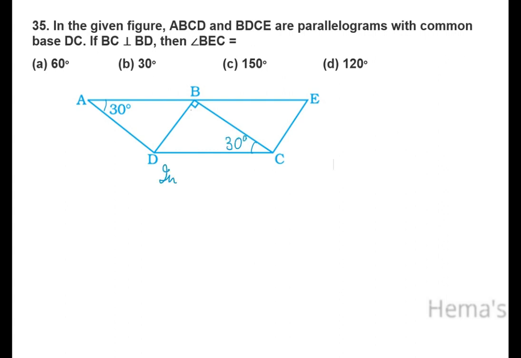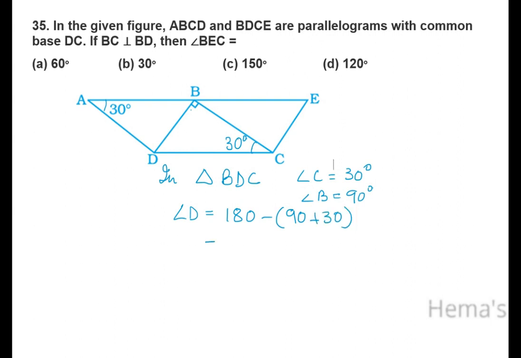In triangle BDC, angle C is equal to 30 degrees. Angle B is equal to 90 degrees, which is given to us. Therefore, angle D is equal to 180 minus the sum of the other two angles, that is 90 plus 30, which is equal to 180 minus 120, equal to 60 degrees, right? So this angle is 60 degrees.